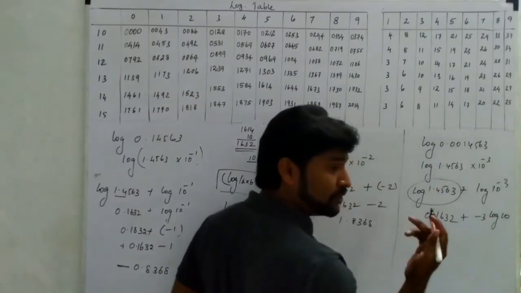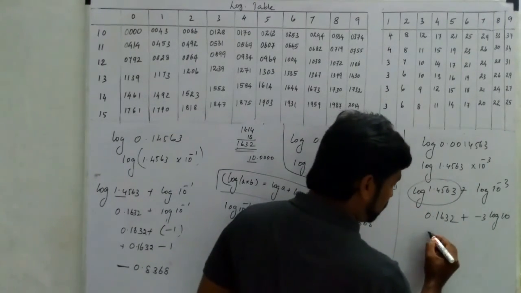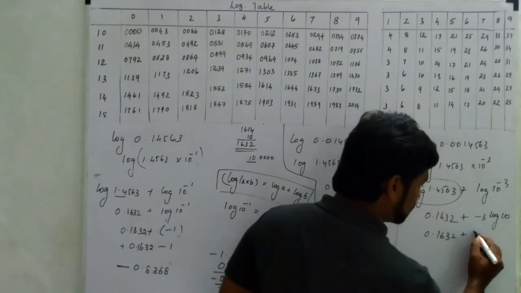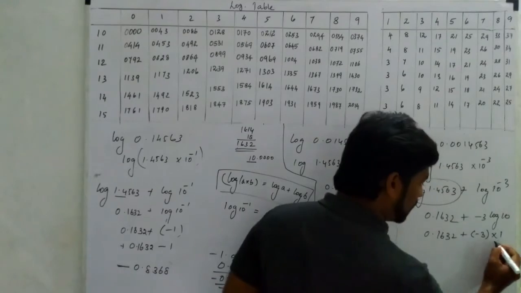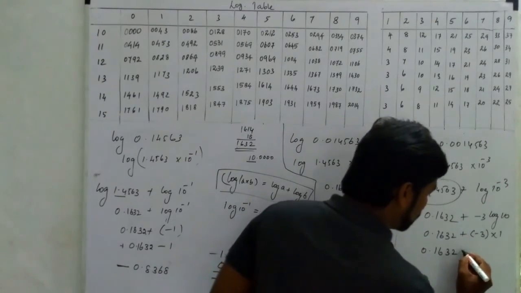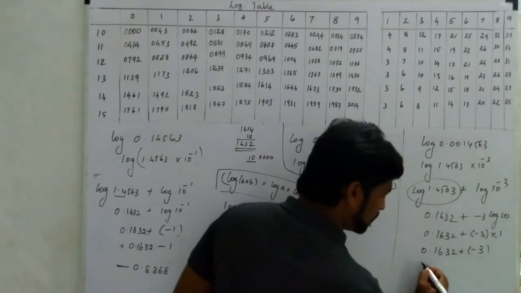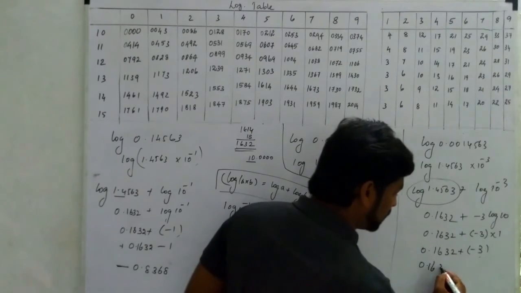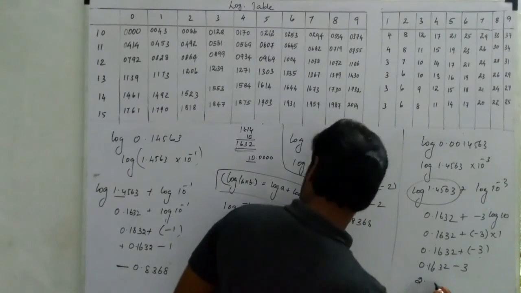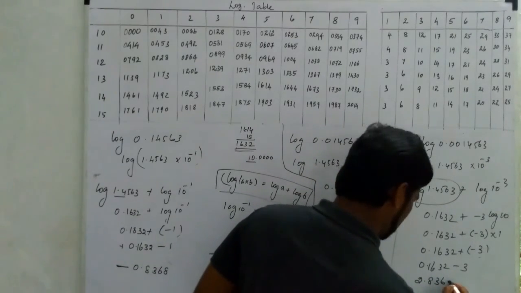The log 10 value is 1, so 0.1632 plus minus 3 into 1, which is 0.1632 minus 3. The answer we get is 2.8368.